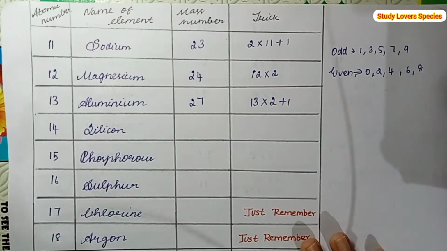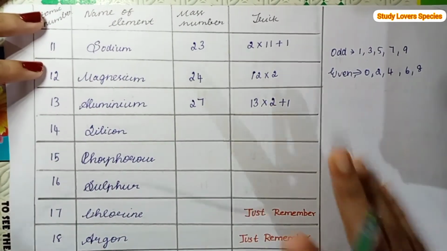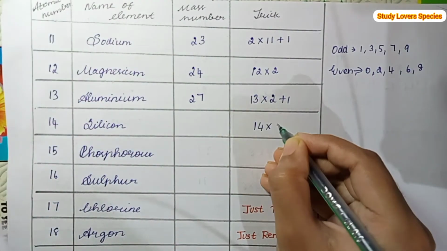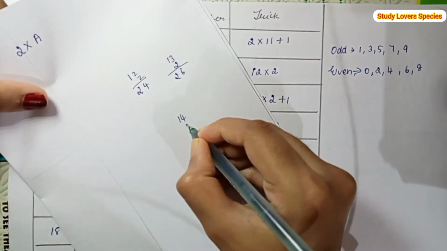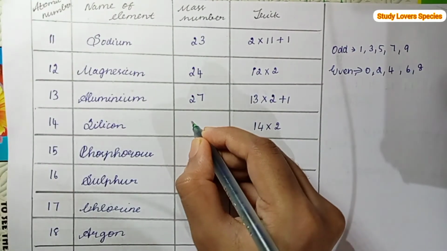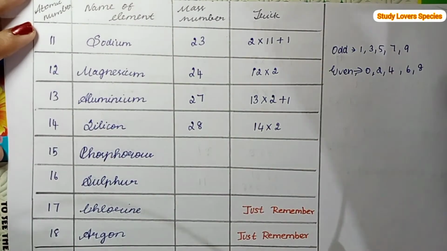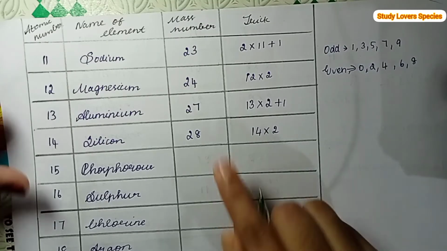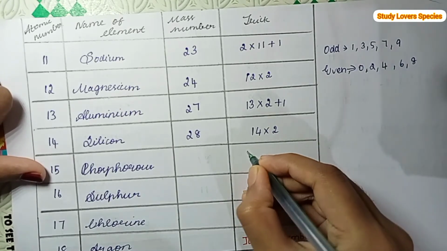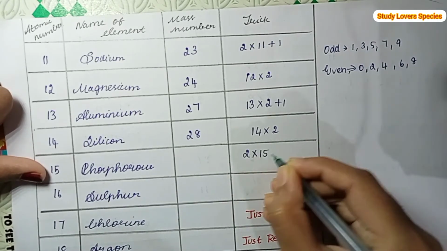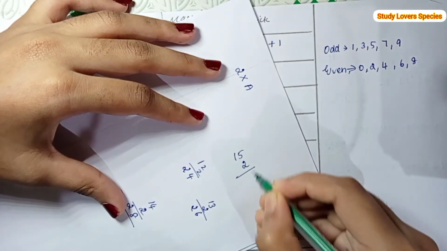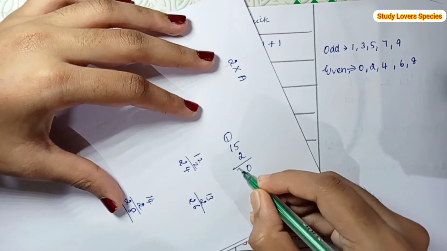Next, silicon. 14 is an even number. So 14 into 2 is 28. 28 is the mass number. Next, we have phosphorus. 15 is an odd number. 2 into 15 plus 1. 15 into 2 is 30.